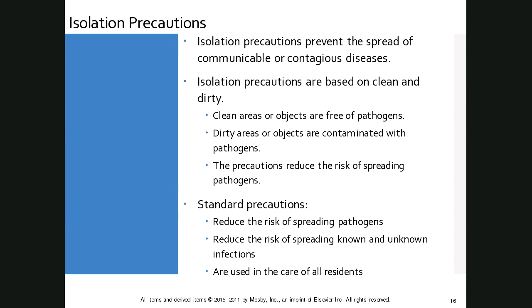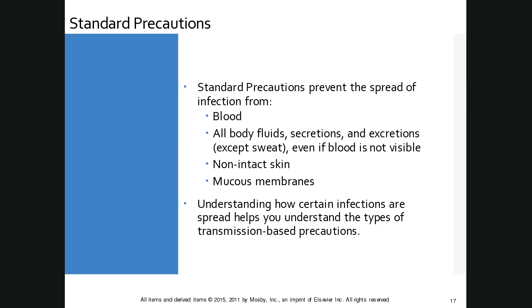So standard precautions reduce the risk of spreading those pathogens, including known and unknown infections, and are used in the care of all residents. That's why we wear gloves and the mask or the gowns when we do. Standard precautions prevent the spread of infection from blood, all body fluids, secretions, excretions, except sweat, and even if blood is not visible.